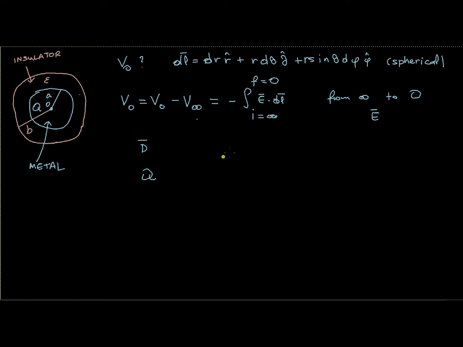So my process will be the following. I'm going to start with Q. I'm going to find D using Gauss's law because I have symmetry.